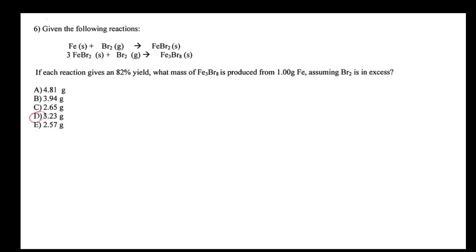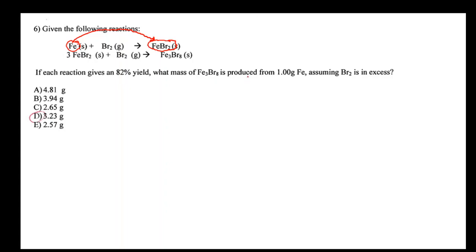This is essentially a theoretical yield calculation that you do twice. So first we want to figure out how many grams of FeBr2 we can get from 1 gram of Fe. But in order to do that, we will need the mass of this one. That's easy enough, we can just pull that from the periodic table. This one we're going to have to calculate.